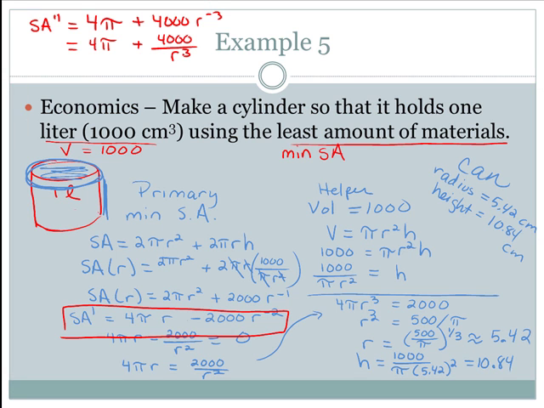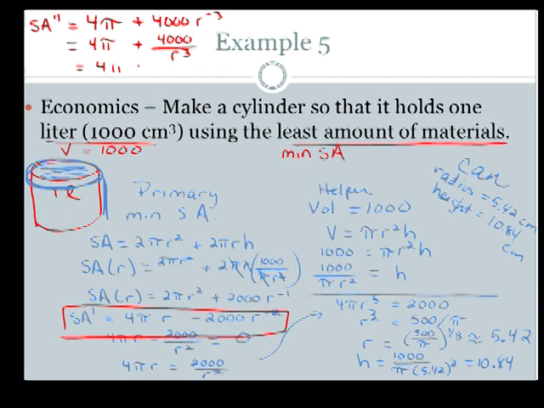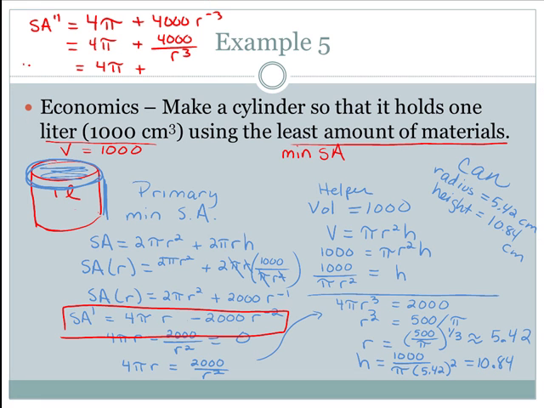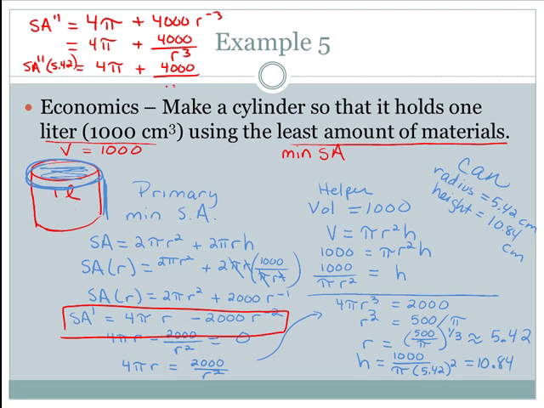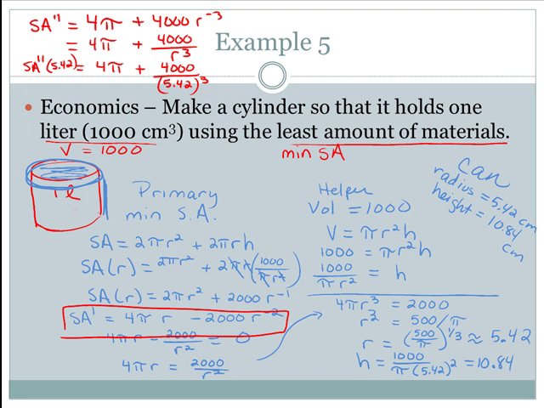And in place of r, we put the radius, so we're going to evaluate the second derivative at 5.42. And so we do 4000 over 5.42 cubed. And honestly, it doesn't matter what our answer is. We're just trying to find out if this is a max or min.